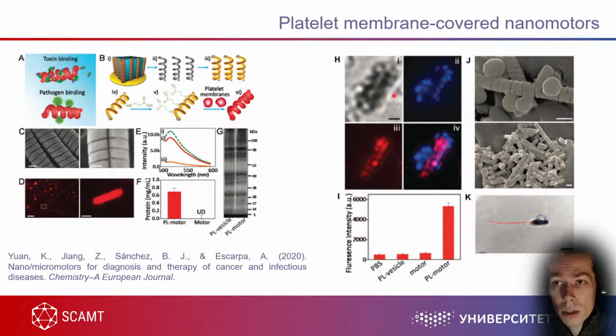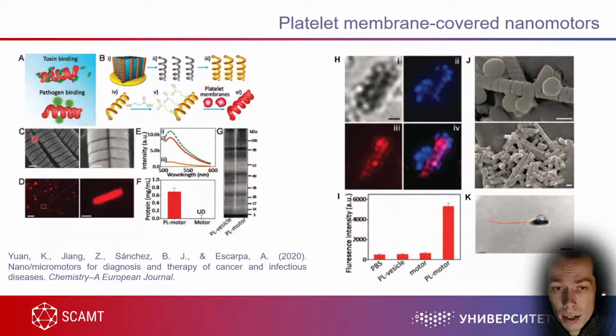For example, this one is platelet membrane covered nanomotors. So this is a state of the art in synthesis of different particles, because first you need to make some... if you look at number B under letter E, you will see that this is template mediated fabrication of spiral particles, which are then covered in platelet membranes.